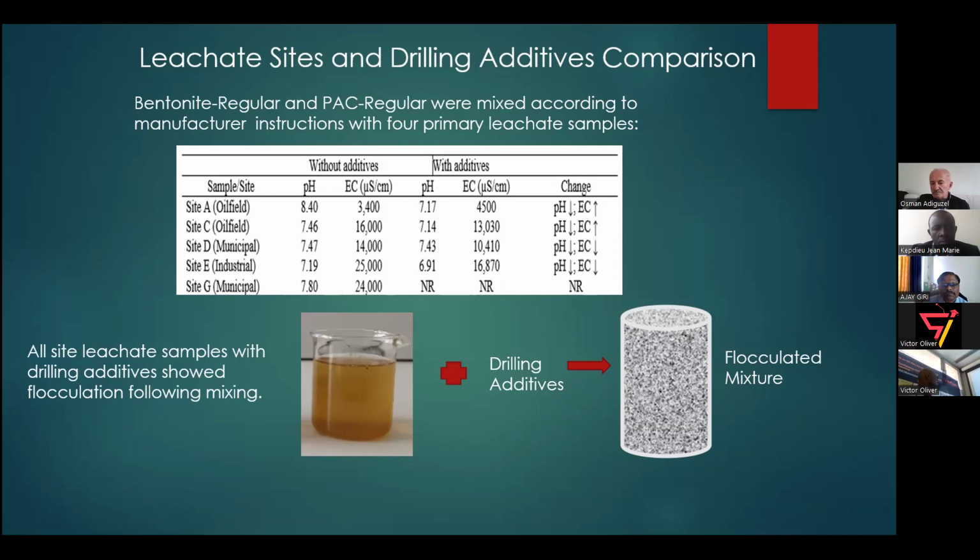But also very, very important, I'll come back to this here. All the leachate samples with the drilling additives showed some level of flocculation, which is desirable when you have your drilling fluid. And a lot of times, in order to improve that flocculation, you might have to add calcium.